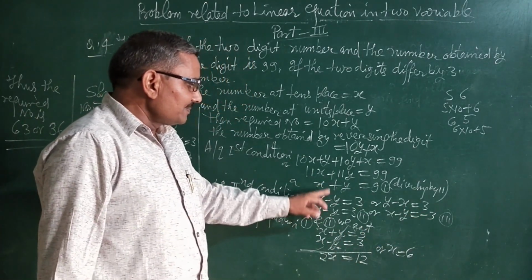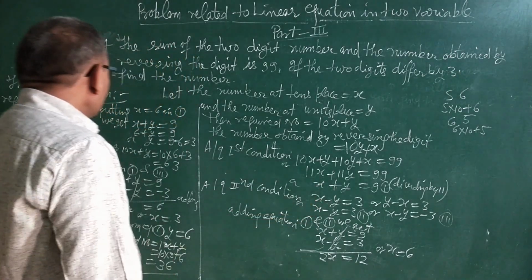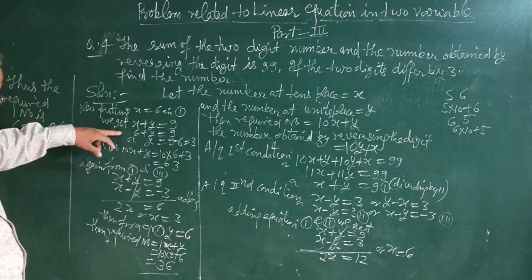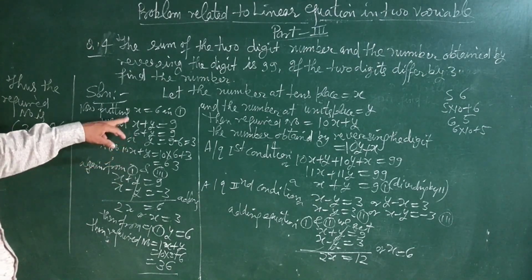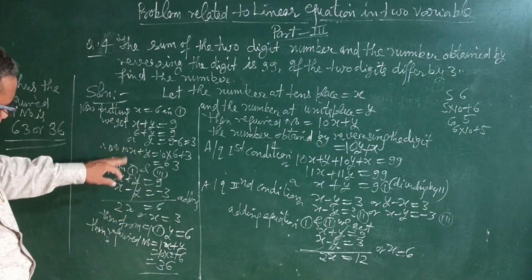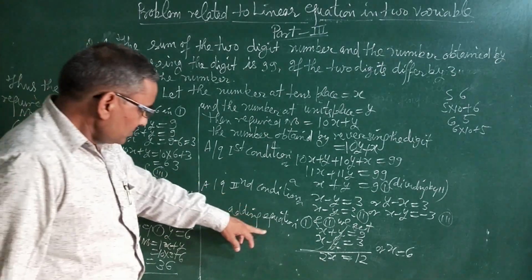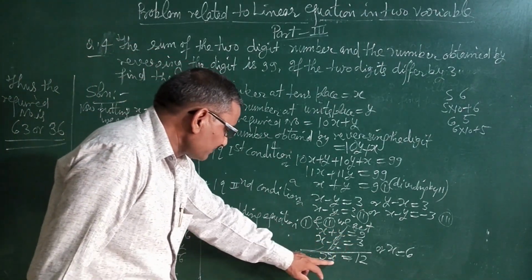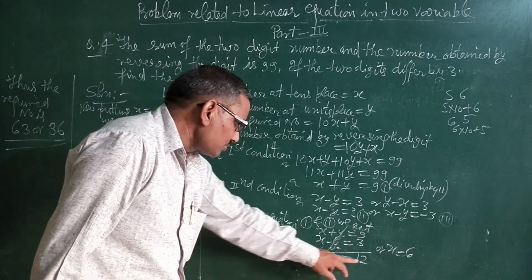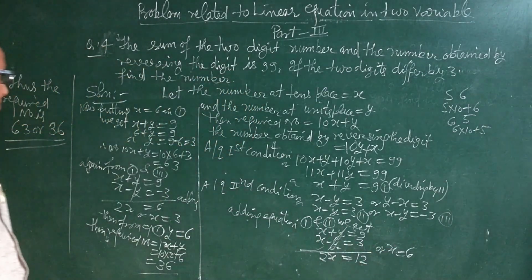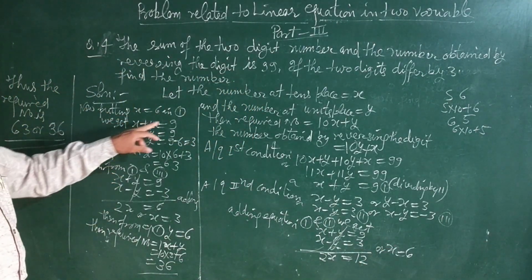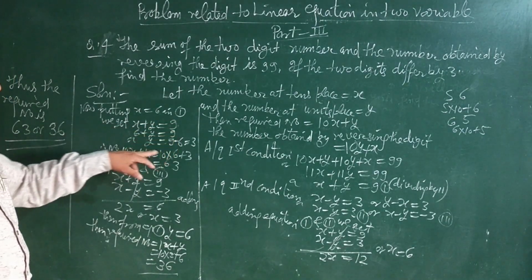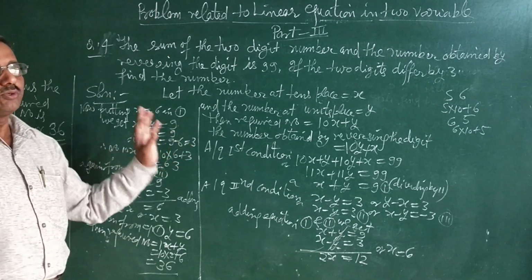Taking first and second, adding 1 and 2, we will get 2x is equal to 12, so x is equal to 6. Now putting the value of x is equal to 6 in equation first, we will get 6 plus y is equal to 9 or y is equal to 9 minus 6 is equal to 3.